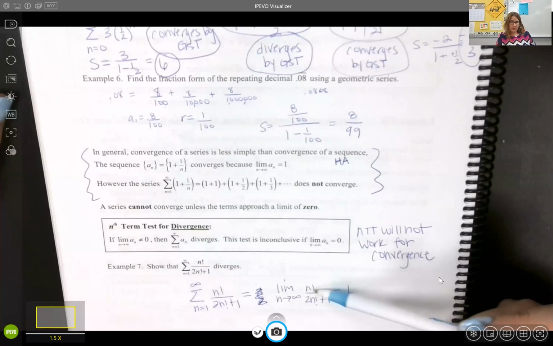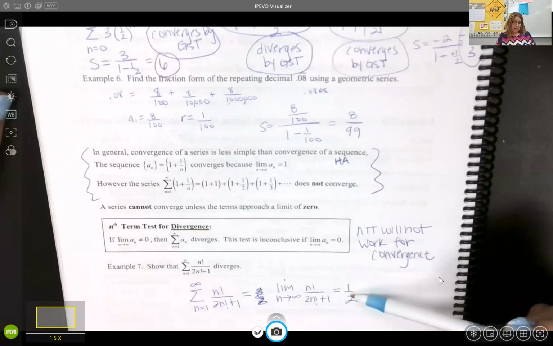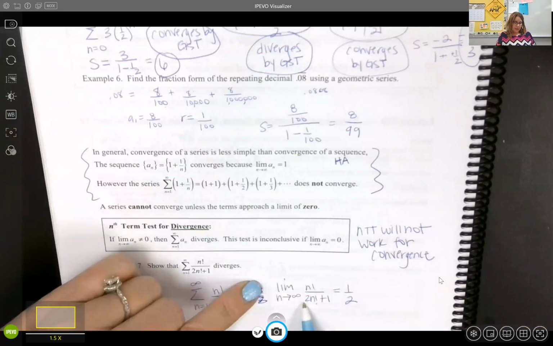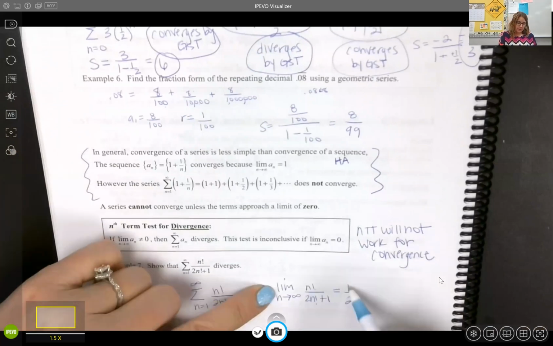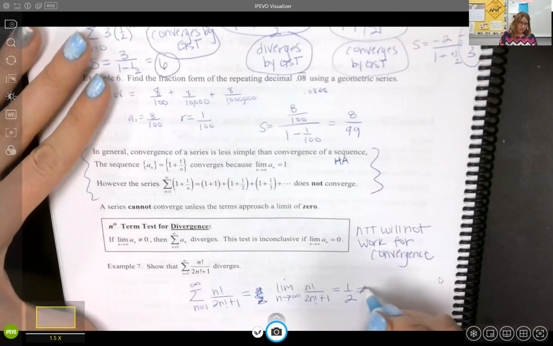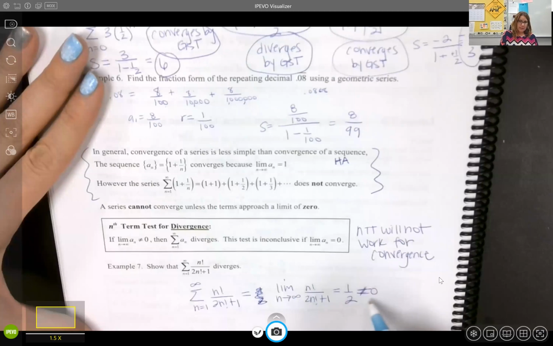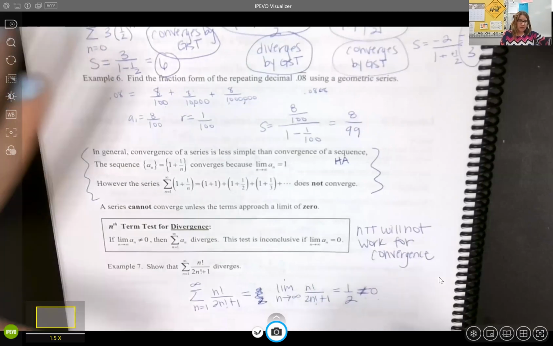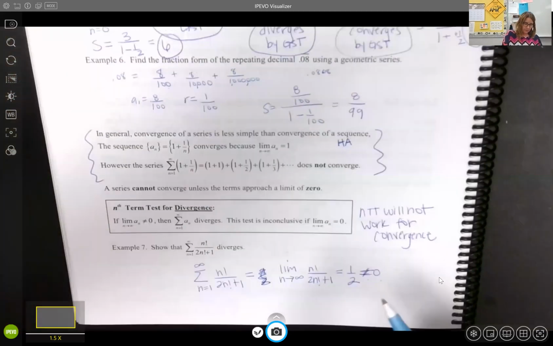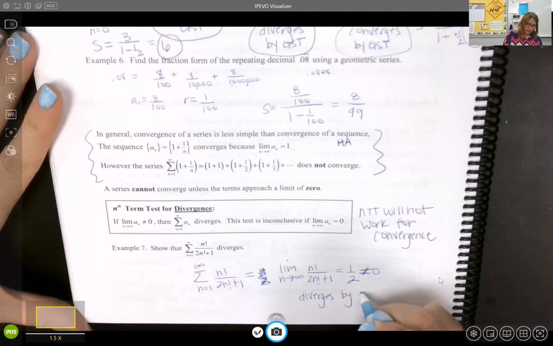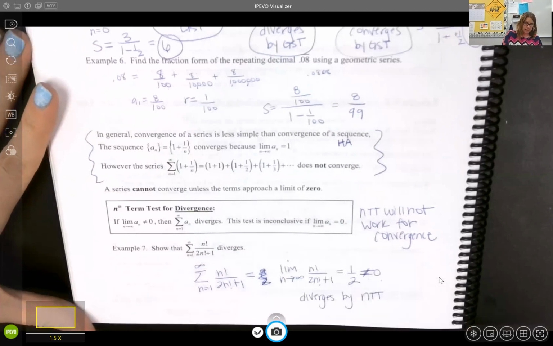What is the horizontal asymptote of this? It's not a sum anymore. Now I'm just looking at just this. That horizontal asymptote is 1/2, which is not 0. That's all I have to show, that this is not 0. So then I say it diverges by the nth term test, NTT.